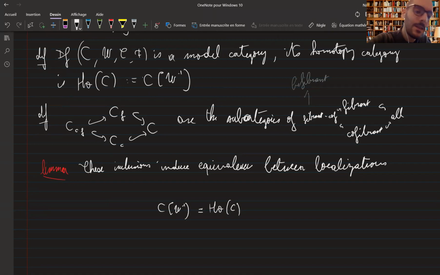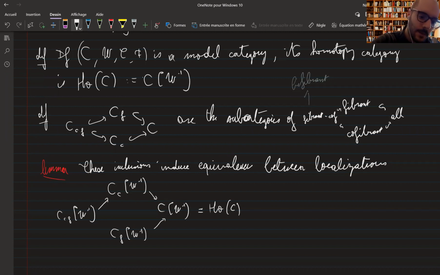Inside of this, you have a functor from the localization of C_C with respect to W. So using the universal property of the localization, there is a functor between the two. Well, I shouldn't write that it's an inclusion because that's not obvious. Also this one goes in here, and also this one goes in here. And the lemma is that all of these functors are equivalences of categories, right?